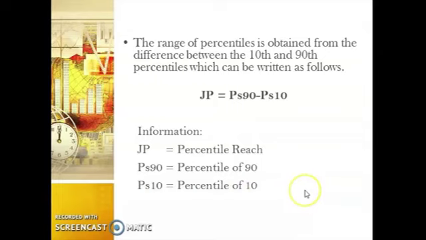To better understand, let's look at an example. Single data: 5, 7, 9, 4, 3, 4, 7, 8, 5, and 7. Determine the percentile range of the data above.